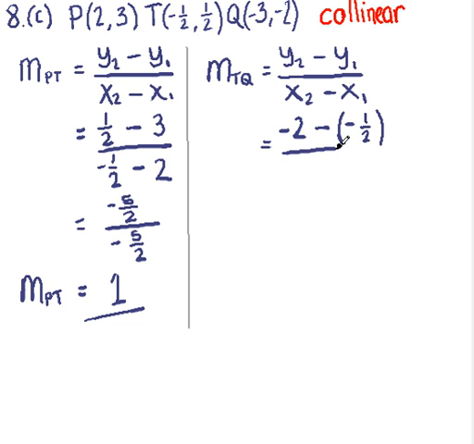And on the bottom line, it's x2, which is minus 3. And we're subtracting x1, which is also minus a half.